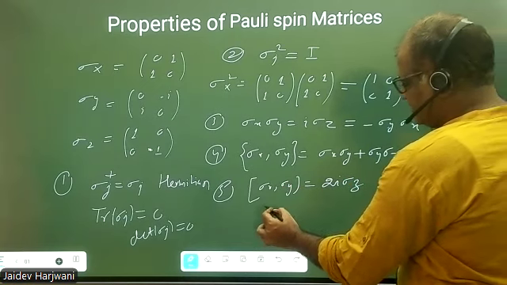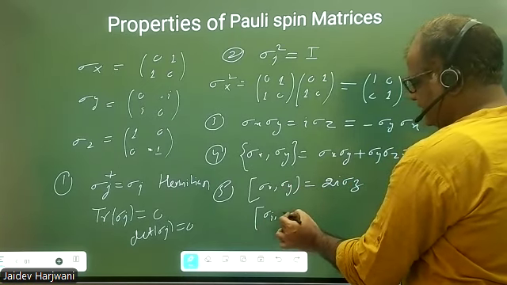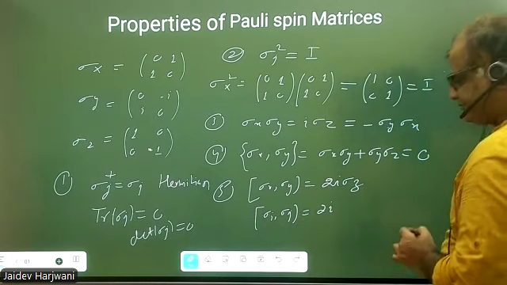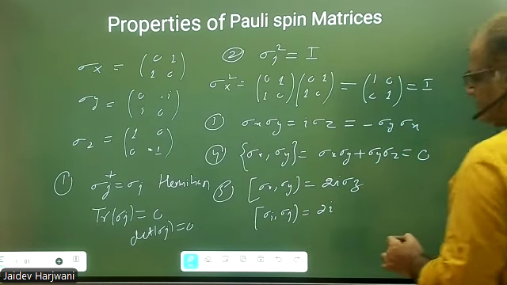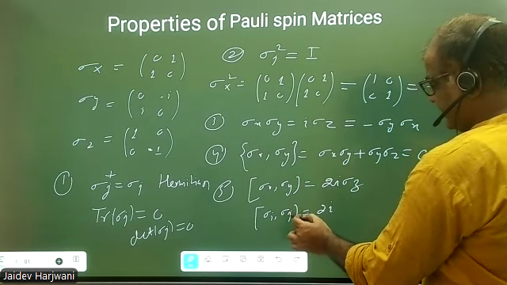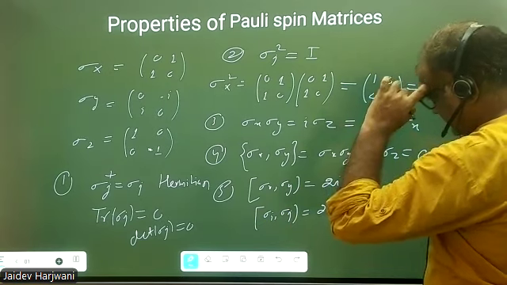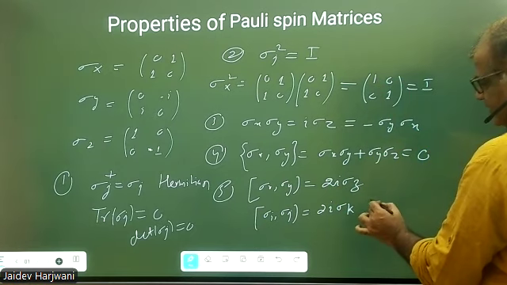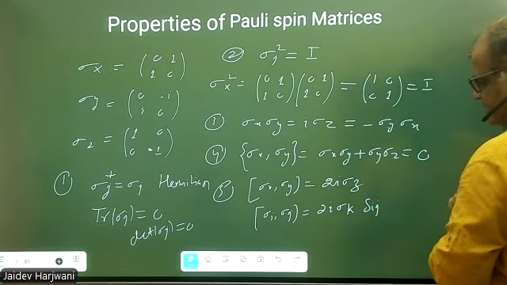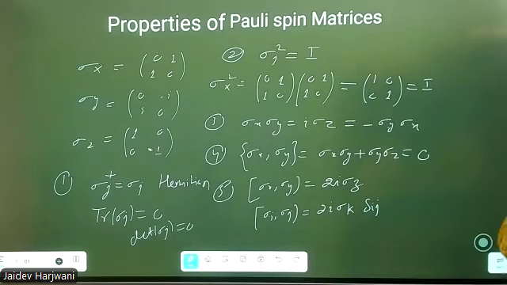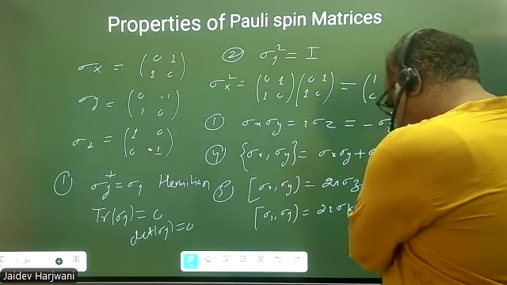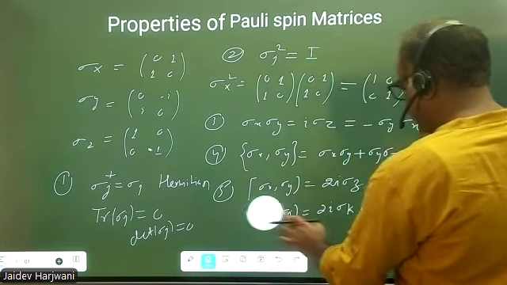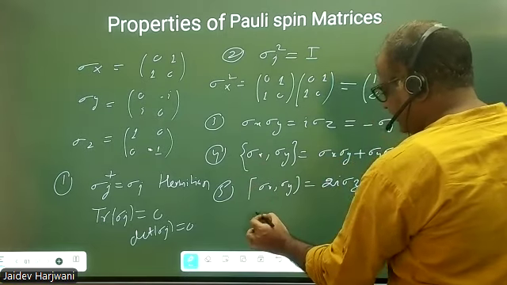So in general, if i, j is there, then you get 2 iota sigma k, and you can put delta ij also. So how can I write this property?